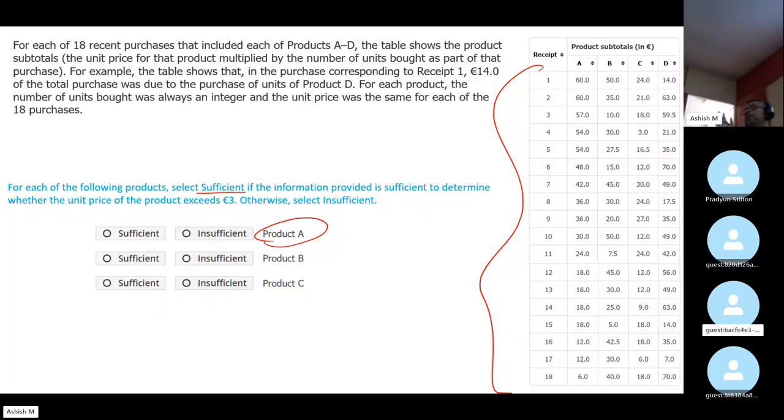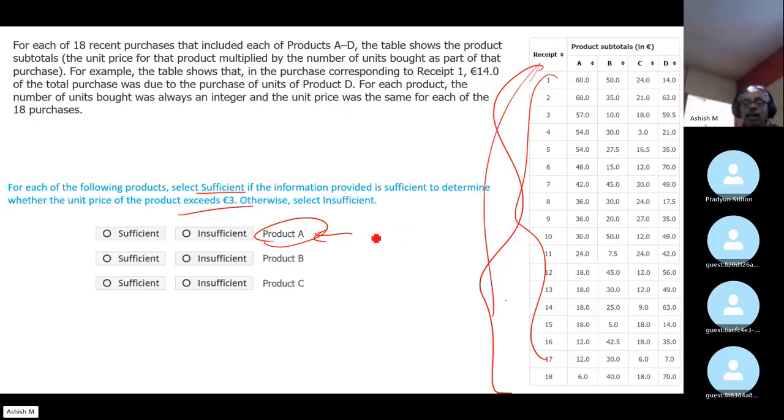So again, let's first of all figure out what the question is trying to say. Based upon the data, as long as you can conclude for sure whether unit price for product A exceeds 3 euros, or you can conclude for sure that it does not exceed 3 euros, in either case it will be sufficient. It's like a typical data sufficiency, right? Is the data provided sufficient for you to conclude that unit price of product A is greater than 3 euros?